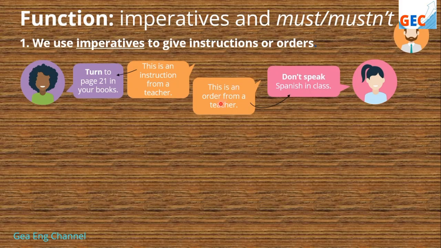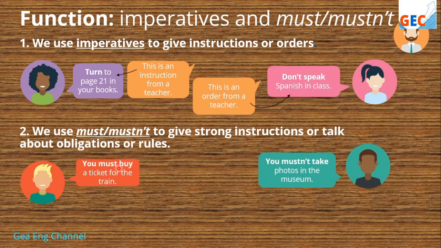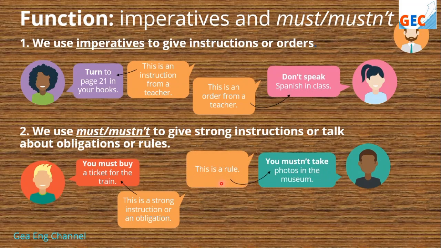So this is an order from a teacher. And we use must and mustn't to give strong instructions or talk about obligations or rules. From this statement, you must buy a ticket for the train. This is a strong instruction or an obligation. And you mustn't take photos in the museum. This is a rule.